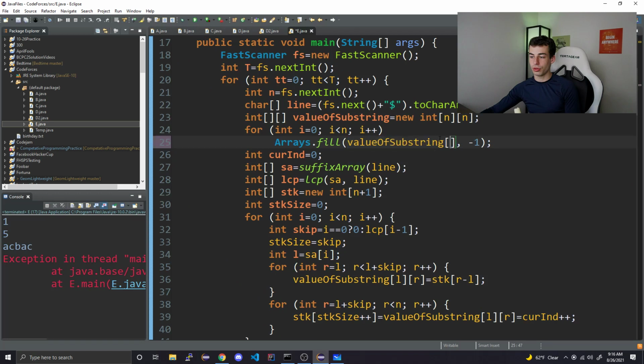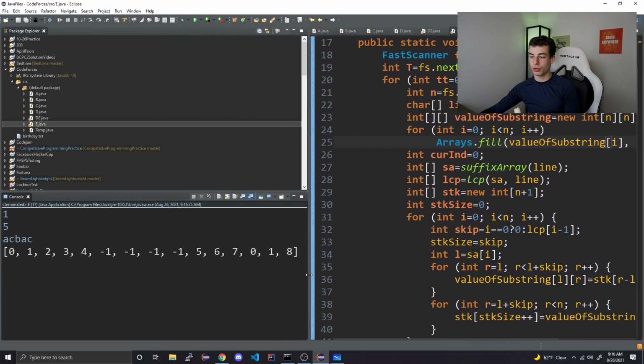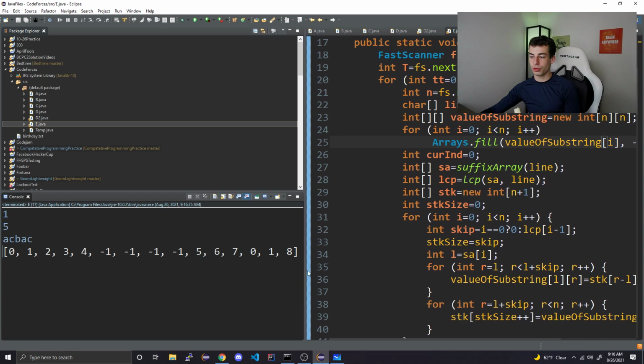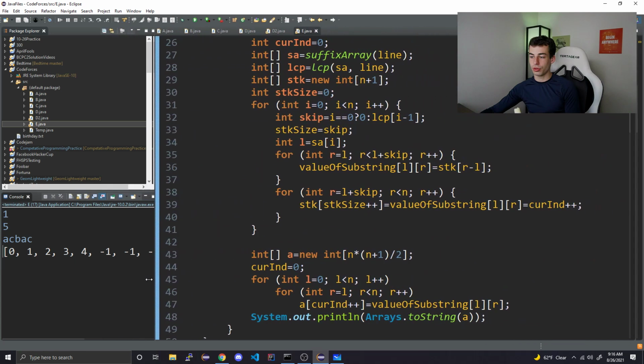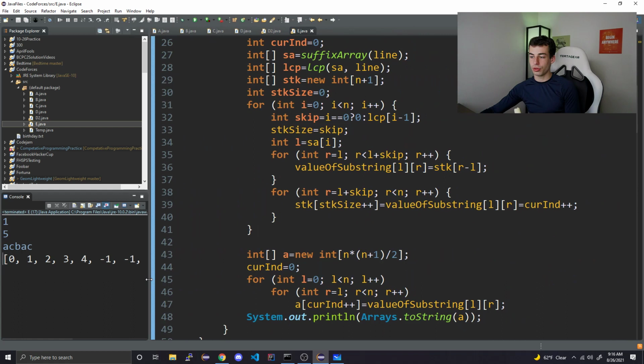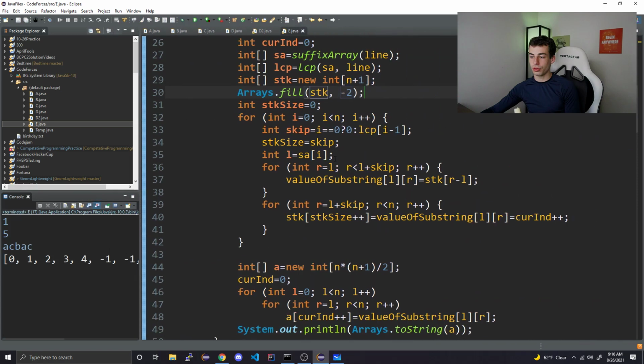Value of substring at I. Okay, so not what we're looking for. So we're only looking at used parts of the stack.